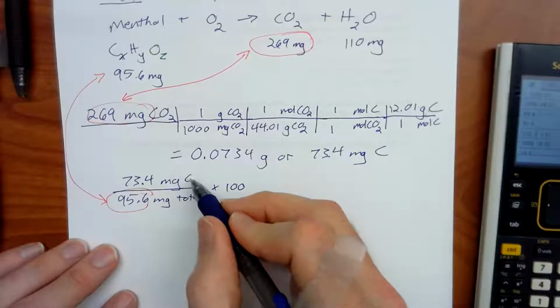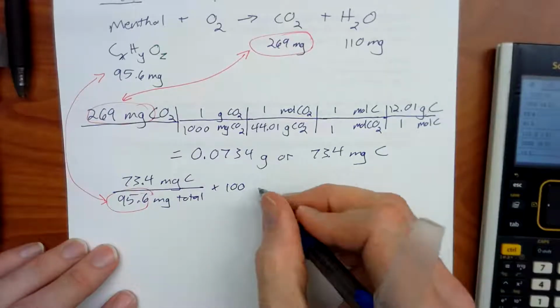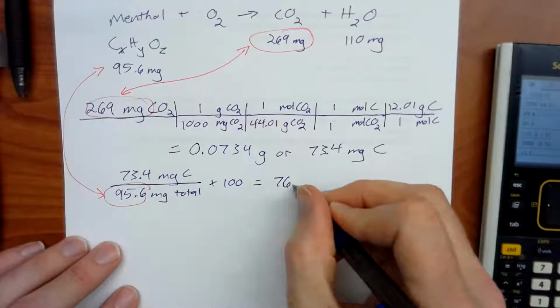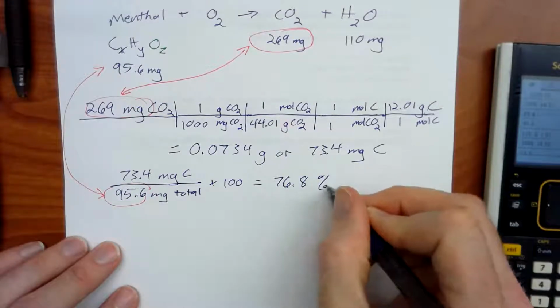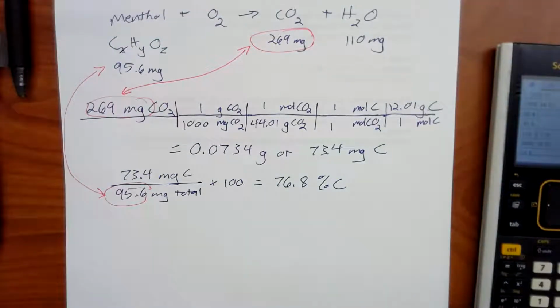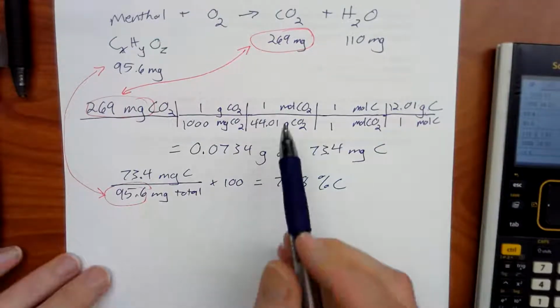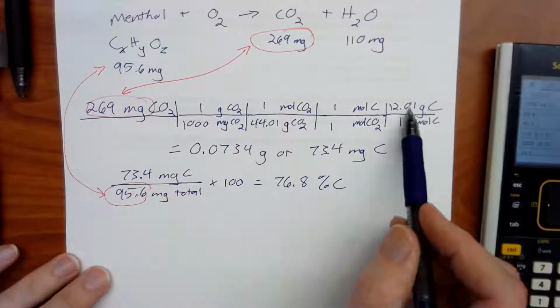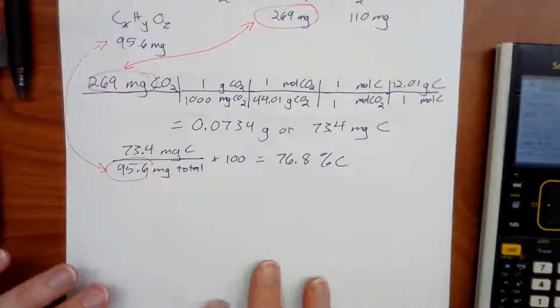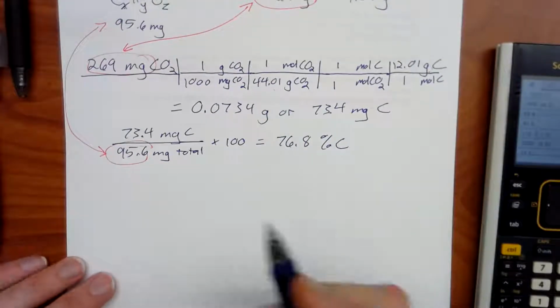That's the percentage of carbon in my total mass. Multiplying by 100 gives me 76.8% carbon. These are a little different than the answers in the back because we're using different molar mass values here, but they're just a little off, and it won't make a difference in our final calculations.